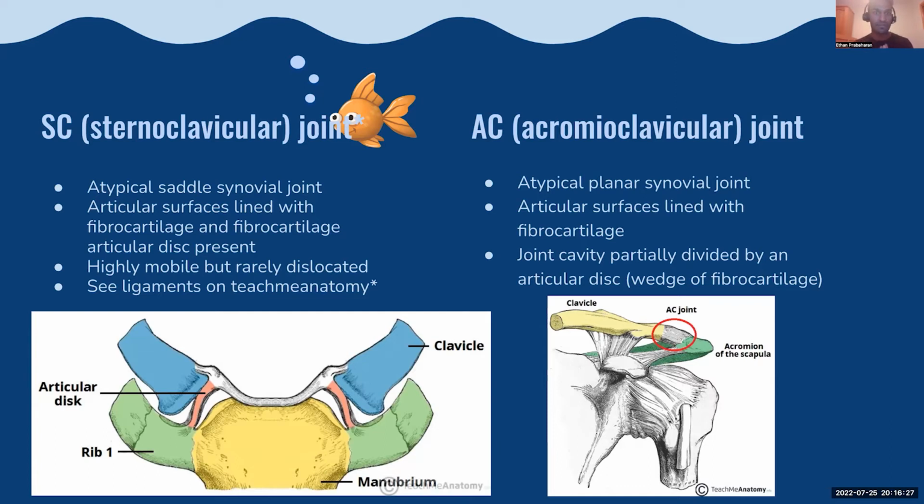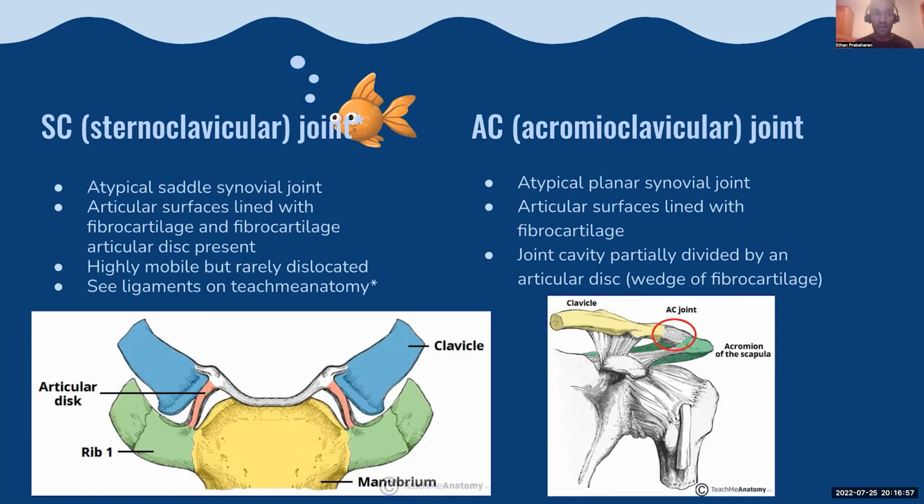Okay, the SC joint is an atypical saddle-shaped synovial joint, and it has articular surfaces, meaning the surfaces that contact other bones. The articular surfaces are lined with fibrocartilage, and there's also a fibrocartilage articular disc. So the reason why it's atypical is because it's fibrocartilage lining the surfaces rather than hyaline cartilage.